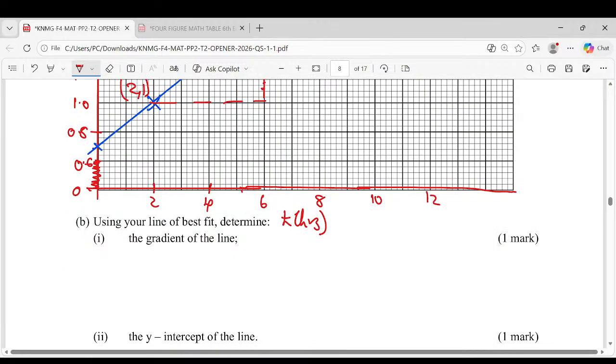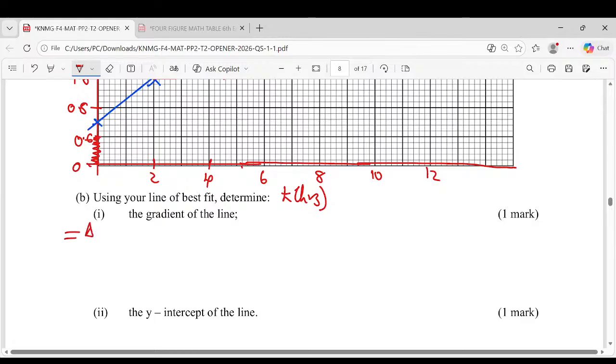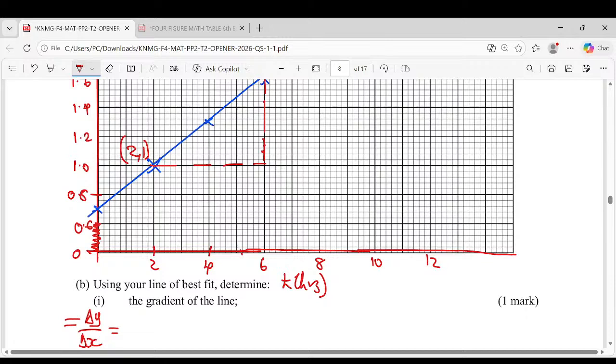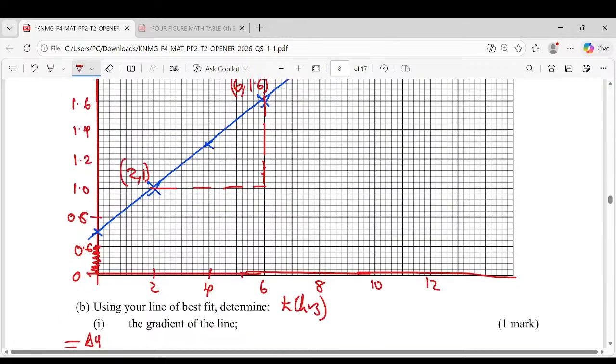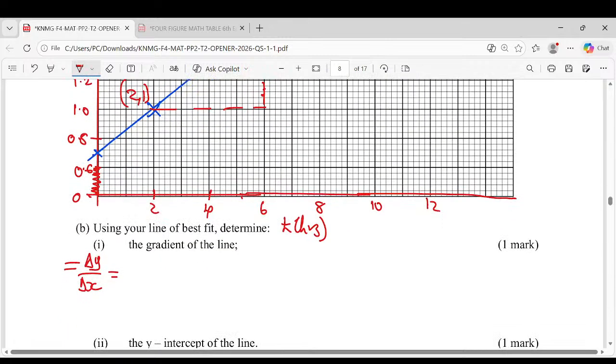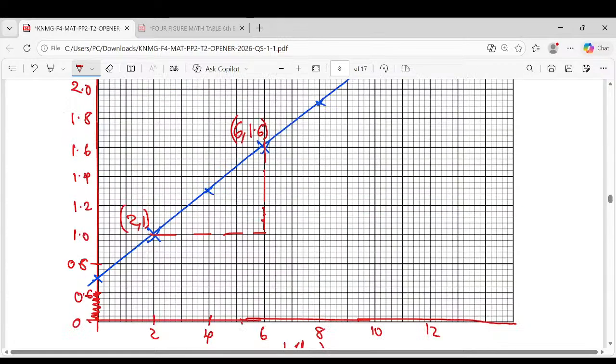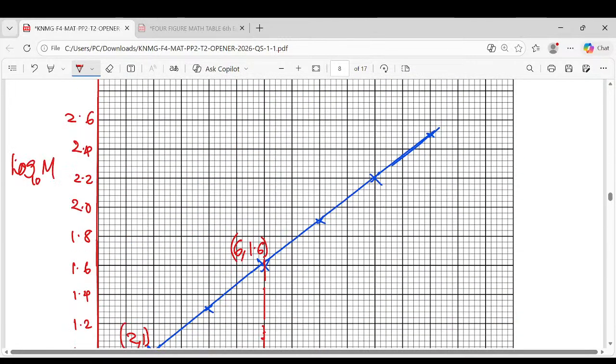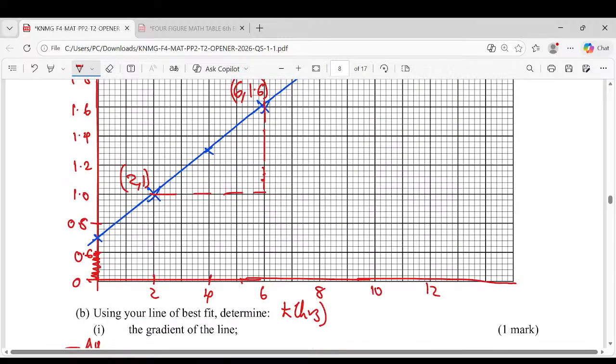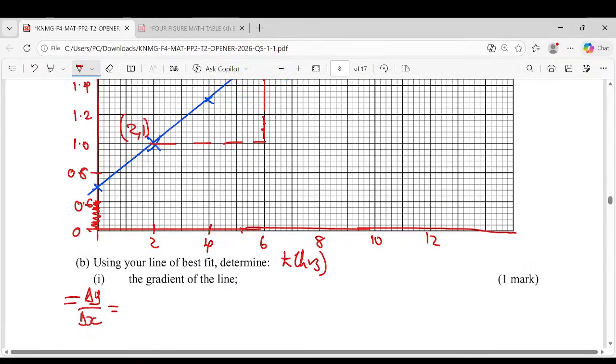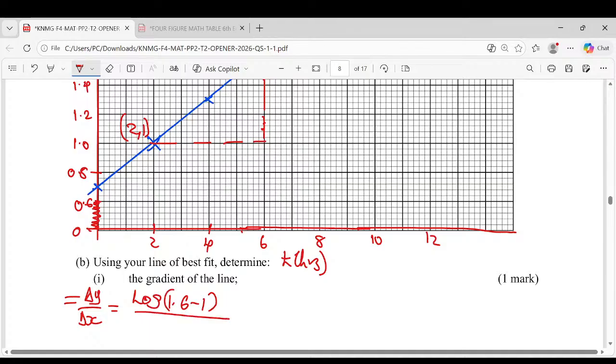This is given by change in y over the change in x. When we talk about the change in y, that is 1.6 minus 1. But remember that is under log. Log 1.6 minus log 1 all over 6 minus 2.